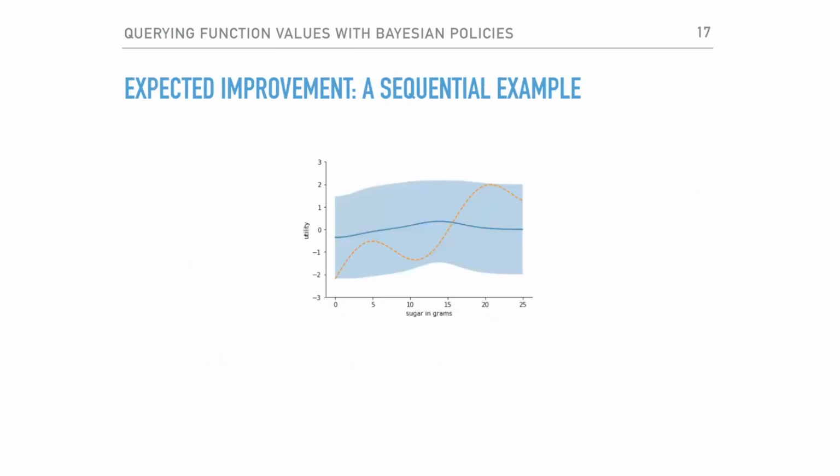So let's look at one example of how EI incumbent works. Let's pretend that during the optimization procedure, this is the GP that we are working with. So the whole process starts where we compute the EI score across the domain.